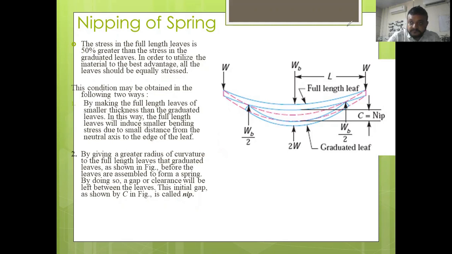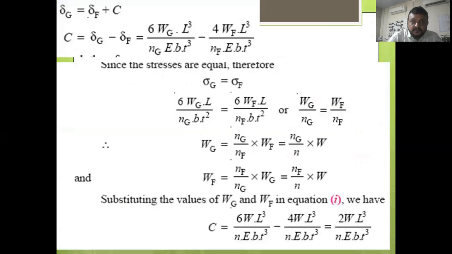Now, also we have to see one problem in this, so you can easily understand how you can see. Before considering the leaf spring, we have already seen one thing about the delta. We have already calculated delta in that case.